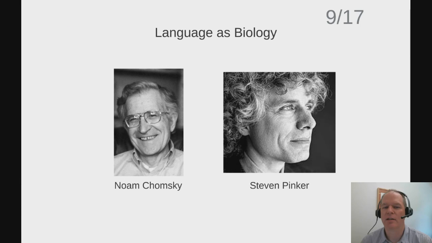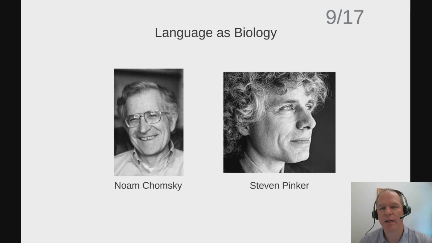And that's been the view of a couple of linguists, Noam Chomsky, Steven Pinker. Noam Chomsky argued early that there was a language organ, that is, there were certain mental processes particularly devoted to language processing.